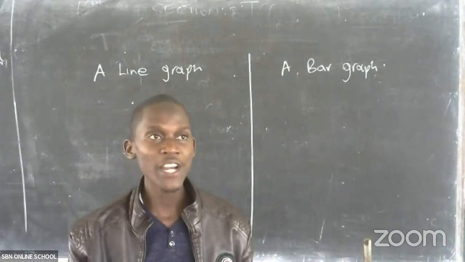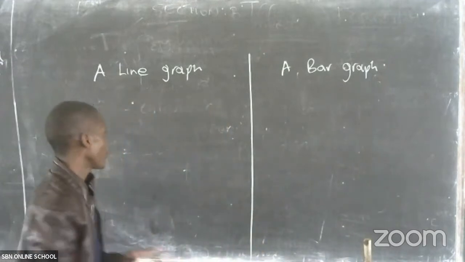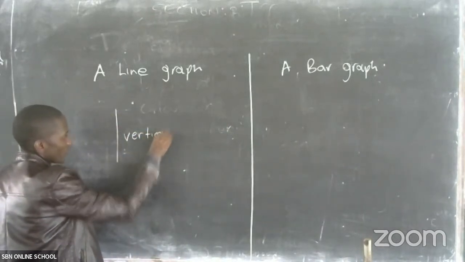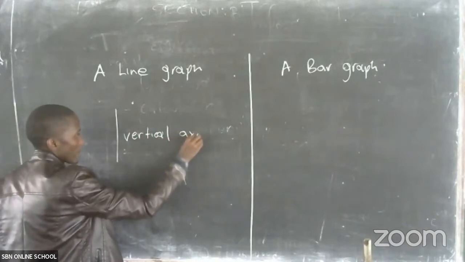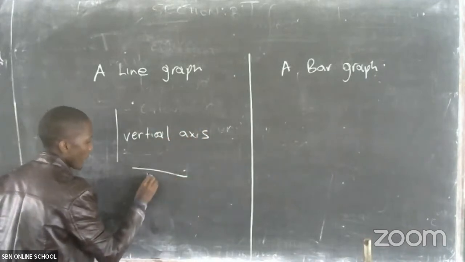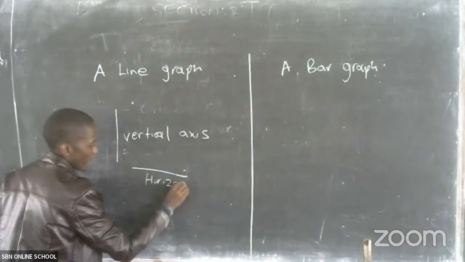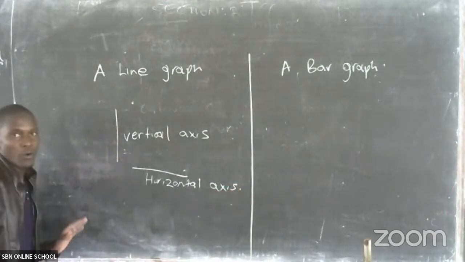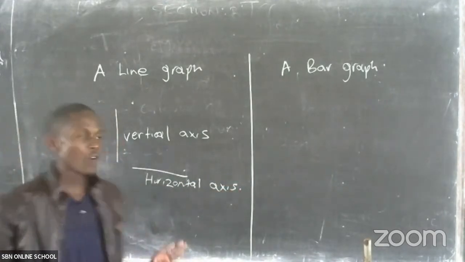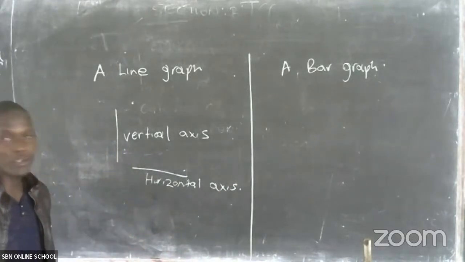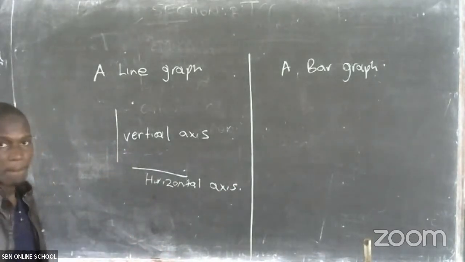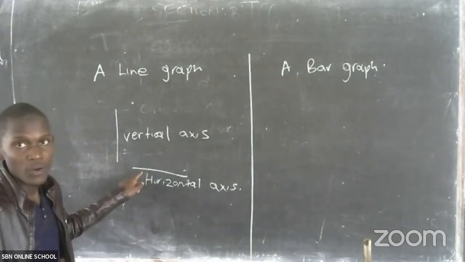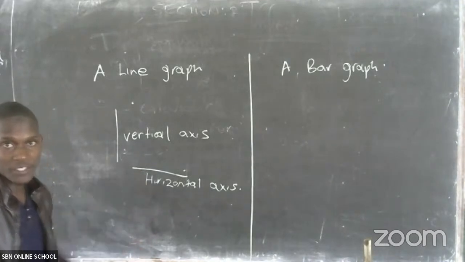Even us, when we are drawing these graphs, between these two, this is a vertical line or vertical axis, and this is the horizontal axis. Now, when we compare in terms of building a house, of the two lines, which one do you think we are going to start with? Horizontal axis. We are going to start with the horizontal axis.